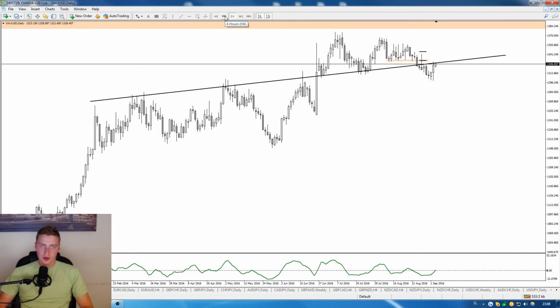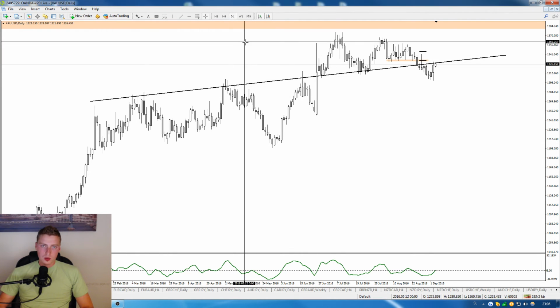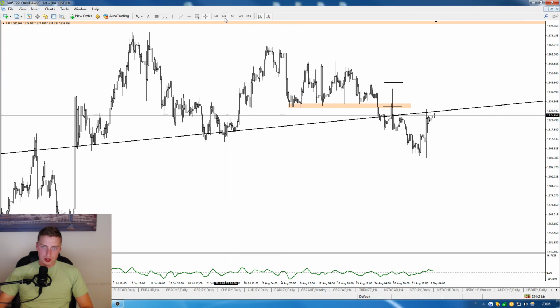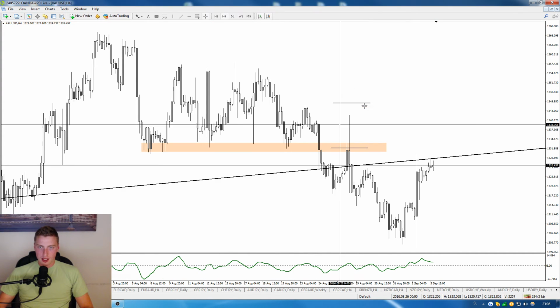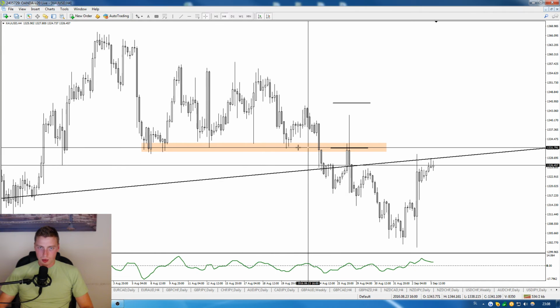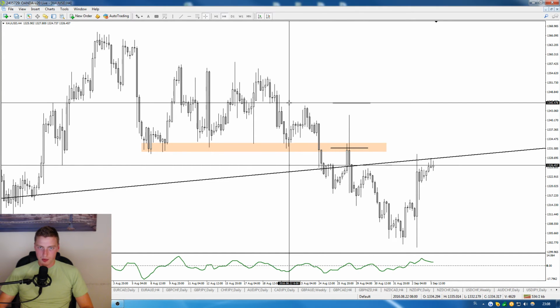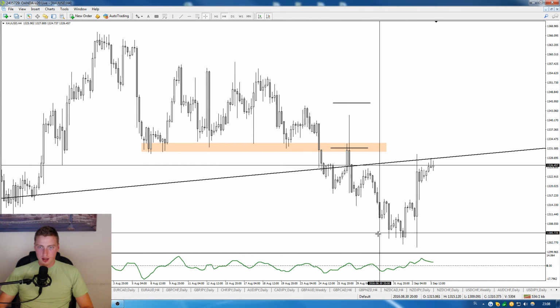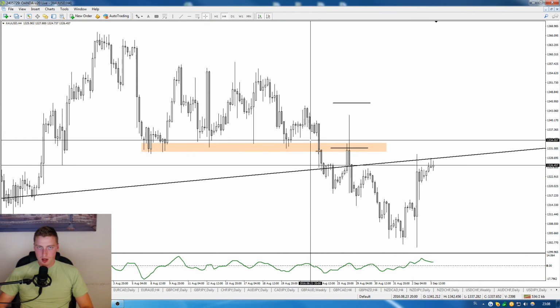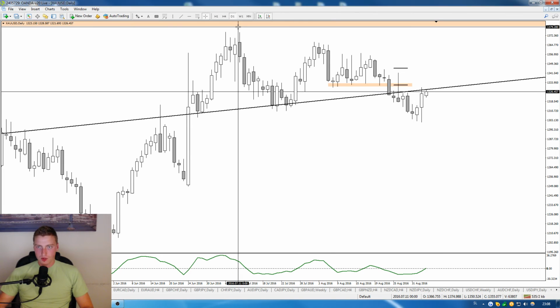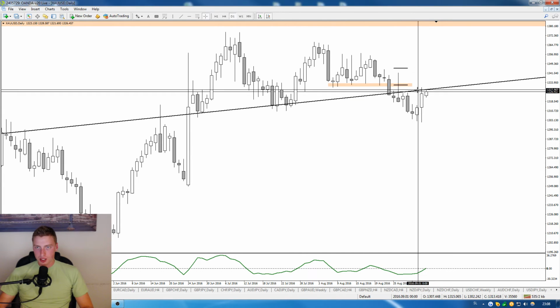This didn't bother me. Otherwise, why I preferred short was because of this broken support. Entry is right here, support acts as a resistance, stop loss above the previous swing, and that's it. But now we've got a very strong bullish candle formation.